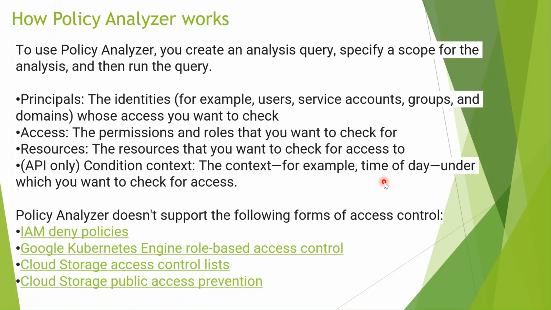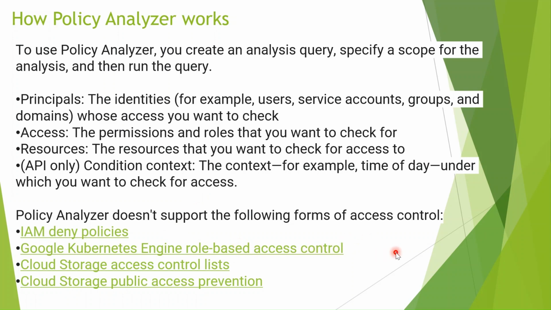But Policy Analyzer doesn't support some forms of access control. Basically it doesn't support IAM deny policies. So even if you have a user who has access through an allow policy, but has been denied access via a deny policy, Policy Analyzer doesn't show the deny policy; it says the user has access. So you have to keep these specific things in mind while using Policy Analyzer. We cannot check role-based access control in Google Kubernetes Engine.